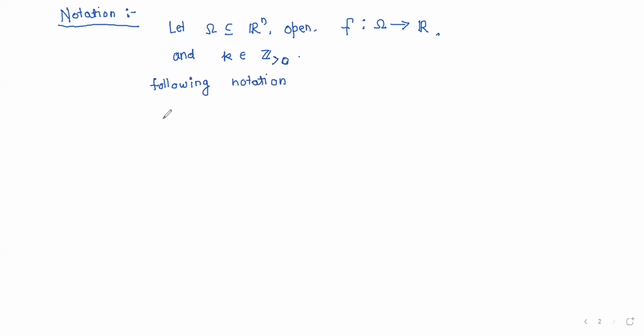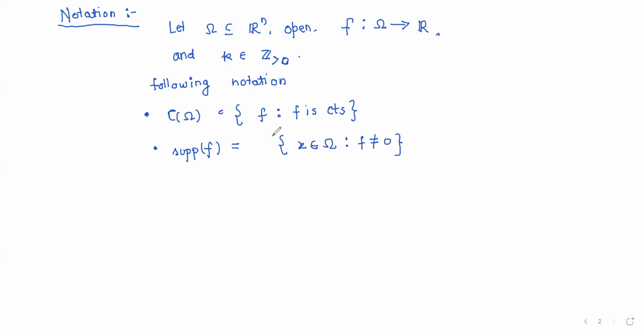The first one, C(omega). This is the class of all those functions f which are continuous. The second is support of f. I will always take the closure of where the function is non-zero. There are some other definitions of support which are equivalent to this, but I will consider this.